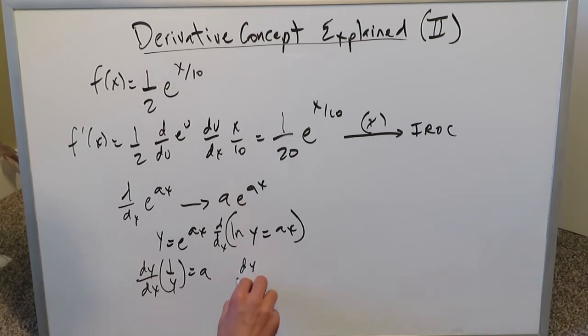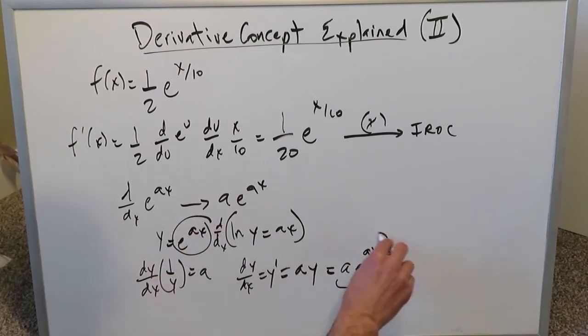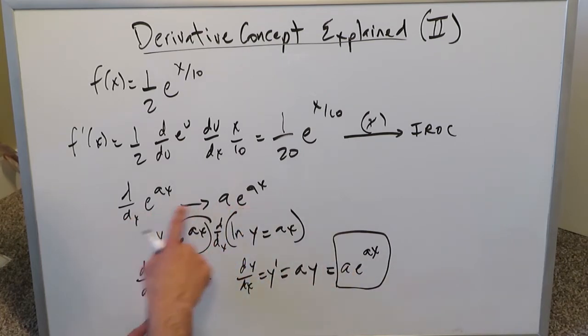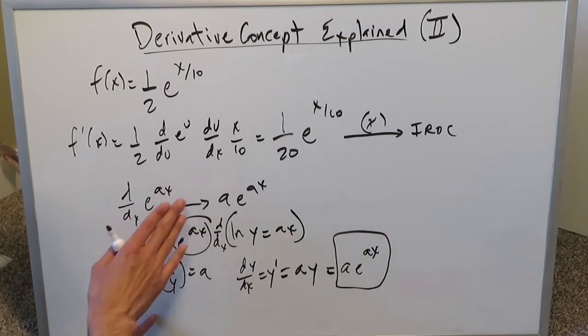Then you solve for dy over dx, which is the same thing as y prime, and that's equal to a times y. You resubstitute what y was, and you have a e to the ax. So here we've shown you that this template can be very easily derived without knowing the template for an exponential function derivative.